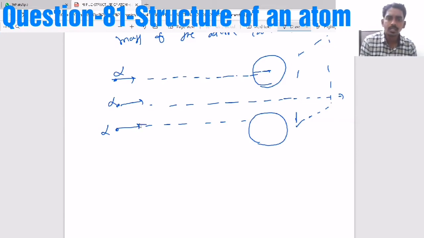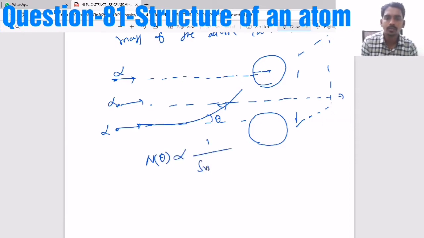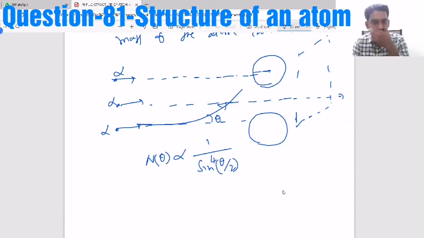But he said that the remaining get deviated through an angle theta, and the number of alpha particles scattered through a particular angle is directly proportional to 1 by sin^4(theta/2).